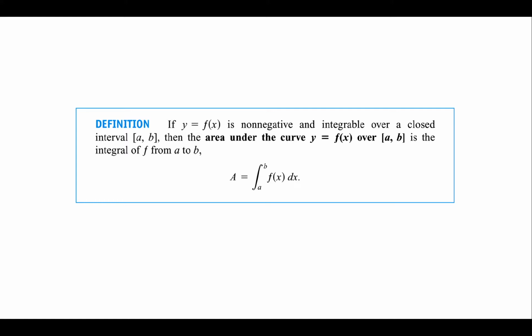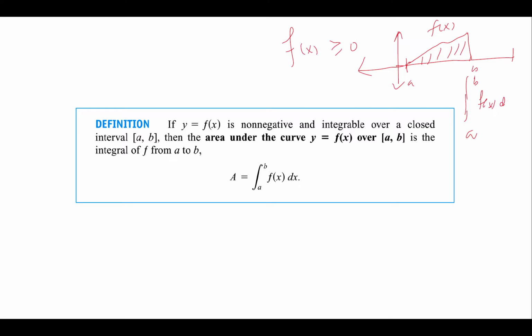Now if we are dealing with a non-negative function, which means it's above the x-axis, then the definite integration of that function from point a to point b is actually the area of this region under the curve and above the x-axis.